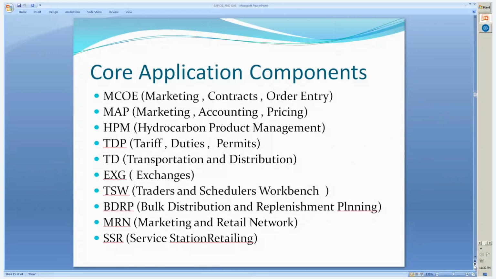So TDP is that part which will help us to calculate the excise duties, tariff, and permits as per the statutory rules. Transportation and distribution. Here you're talking about bulk distribution. That means from the refinery, you're going to distribute the product to the terminals.